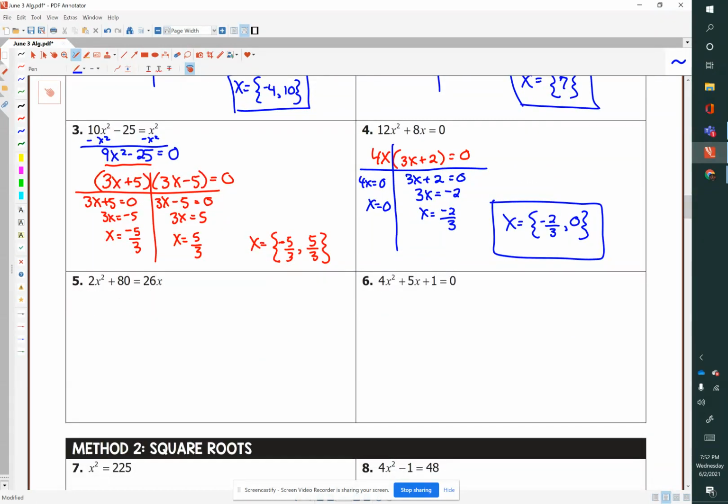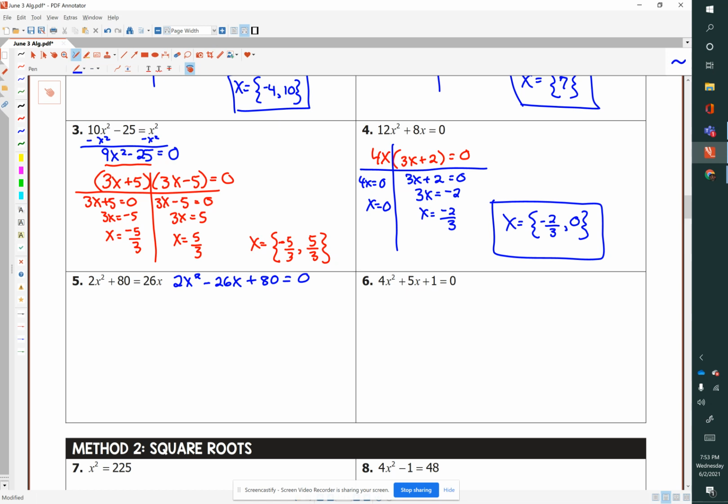Number 5, we need to move that 26x over, and that means it will become negative. So we have 2x squared minus 26x plus 80 equals 0.